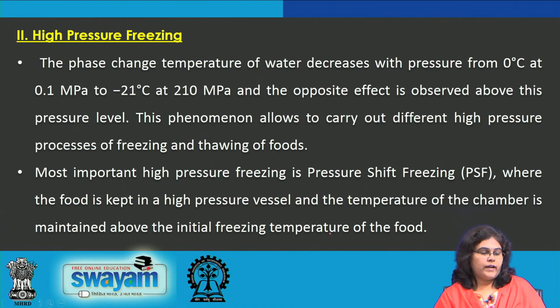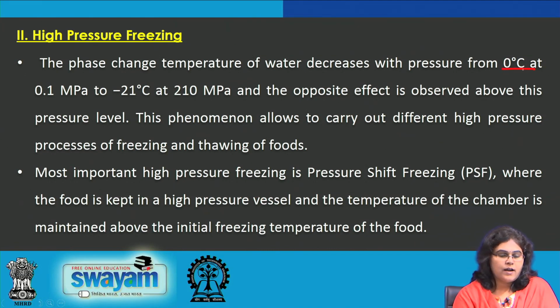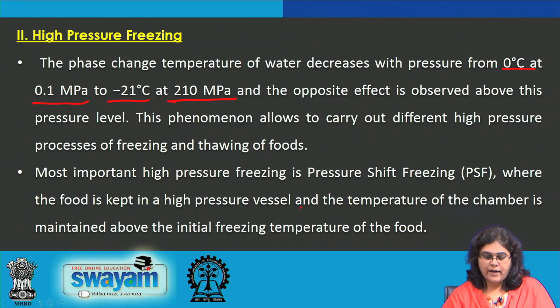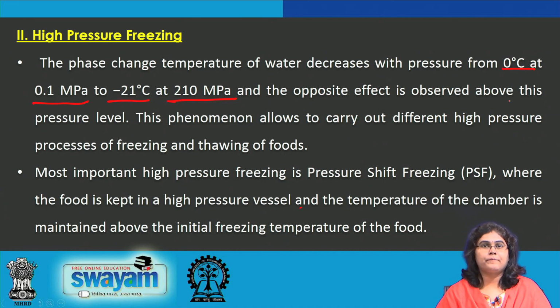Next technique of freezing is high pressure freezing. Here, the phase change temperature of water decreases with pressure, from 0 degree centigrade at 0.1 megapascal to minus 21 degree centigrade at 210 megapascal, and the opposite effect is observed above this pressure level.